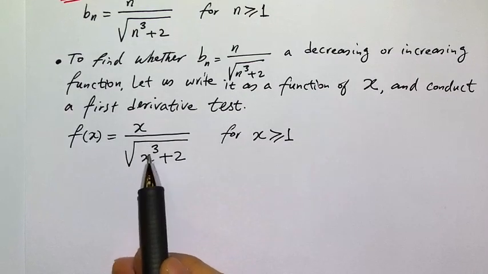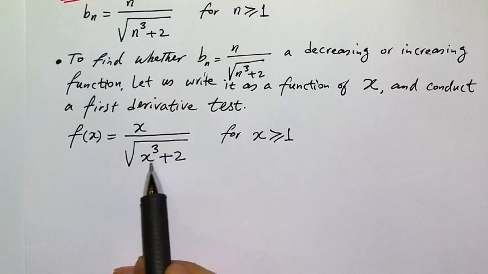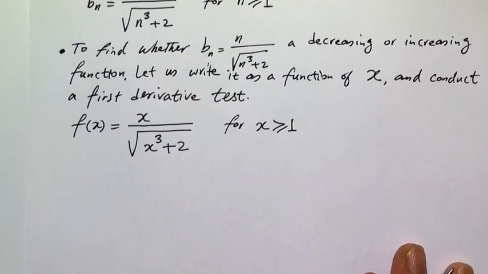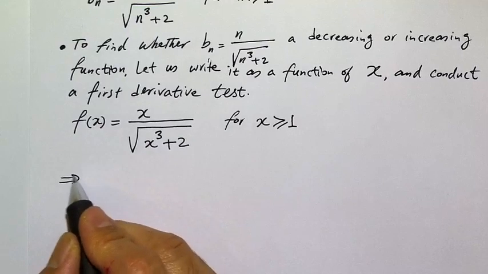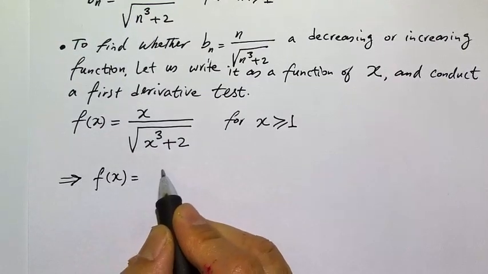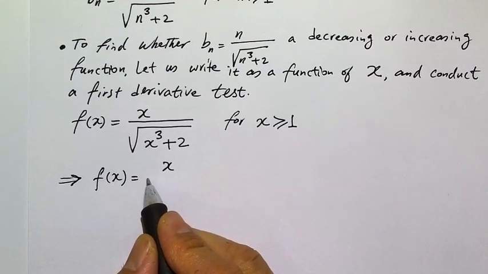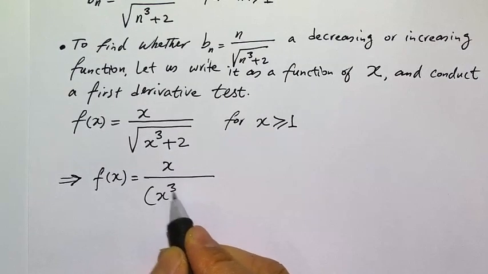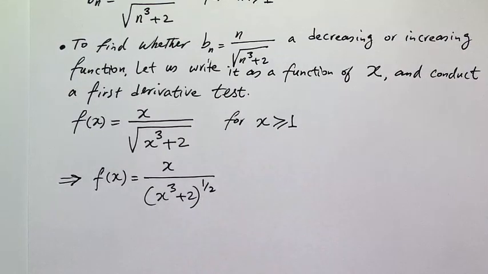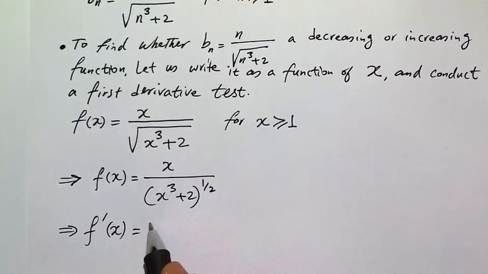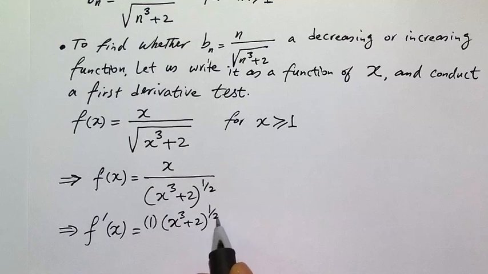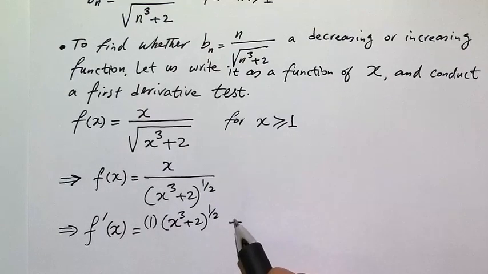Now, let us rewrite this in terms of a rational exponent of the denominator and then take its derivative. So f of x can be written as x over (x cubed plus 2) to the 1/2 power, and therefore f prime of x, so we're taking the derivative, is 1 times all of this minus, so we learned this in calculus 1, right?